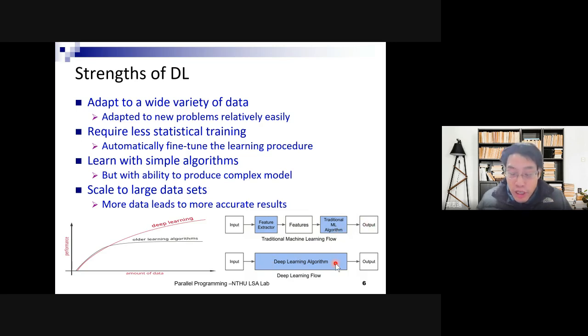But for deep learning, even the feature itself can be learned from data. So it's more powerful. But of course, the cost is you require even more data in order to learn the feature, right? And sometimes you may get incorrect results because you try to learn the wrong feature.